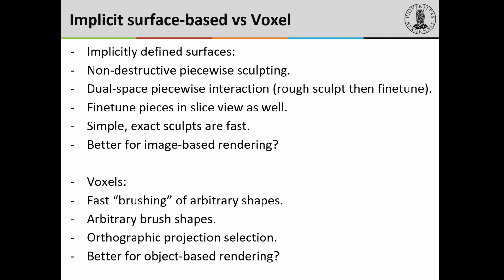You can also use arbitrary brush shapes, of course, with voxel-based segmentation. And with the voxel-based solution, you can do orthographic projection selection. So you could, for instance, just draw a box on your screen, and this box would be projected into the space, and everything within this projection would be selected either on or off, right?